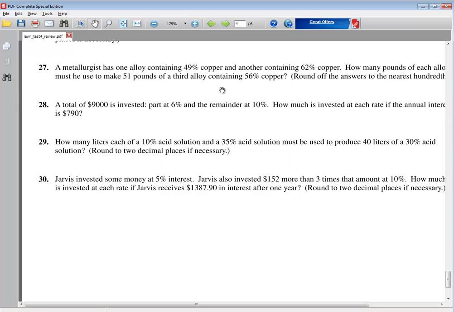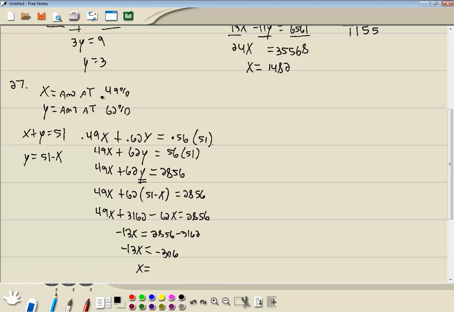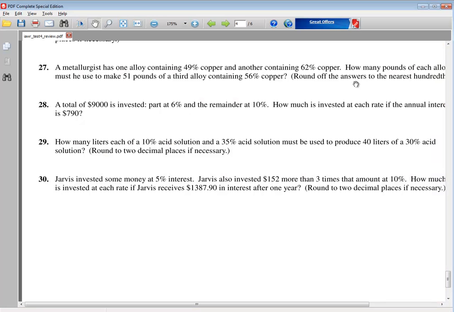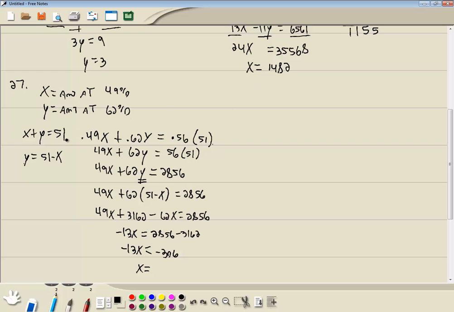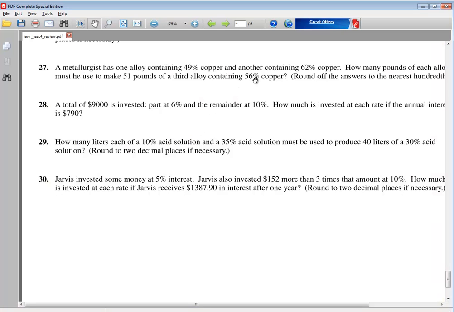49, 62%. X is that. Okay. How many pounds of each alloy must you use to make 51 pounds of a third alloy? Okay, so X plus Y is equal to 51. That looks good. And then we got 0.49 times X plus 0.62 times Y equals the third alloy containing 56.